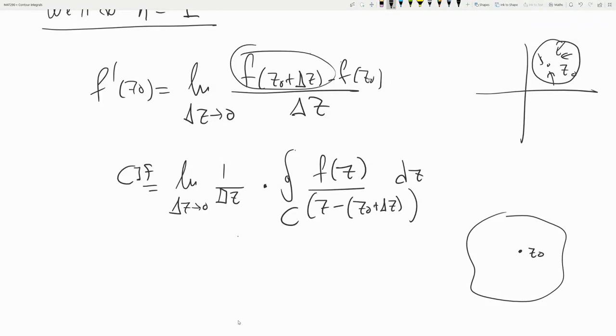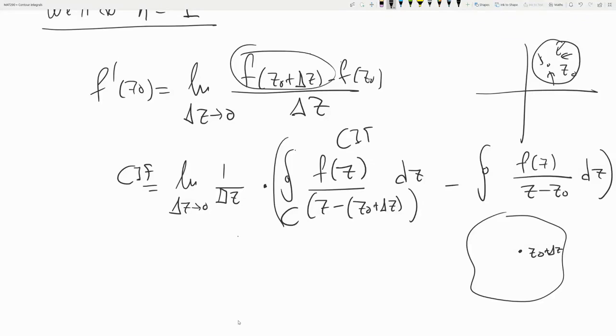We have z naught, and we use our Cauchy integral formula for z naught plus delta z. And here we apply the Cauchy integral formula for z naught. So CIF for z naught plus delta z, and CIF for z naught. Okay, so that's the difference.